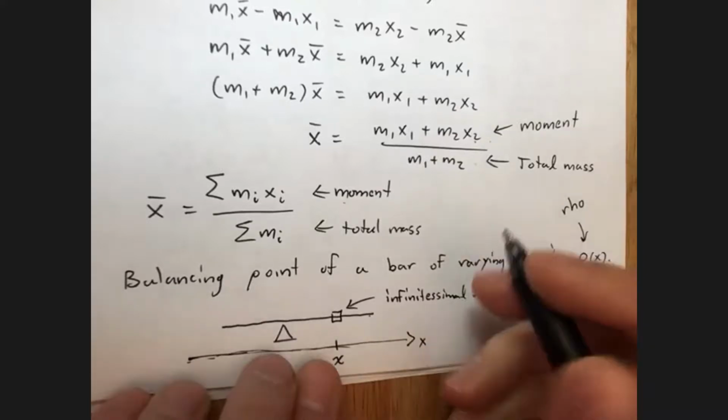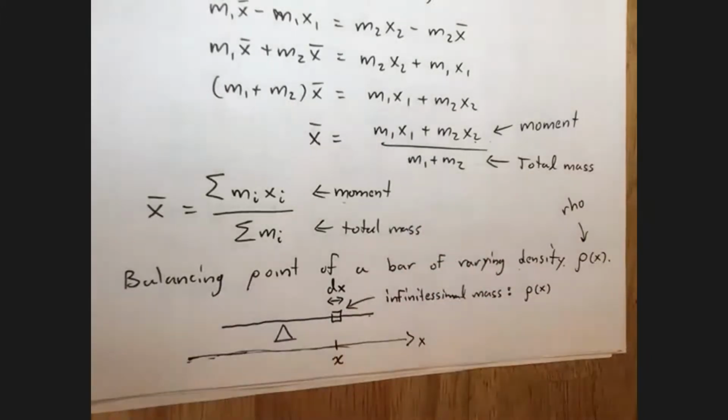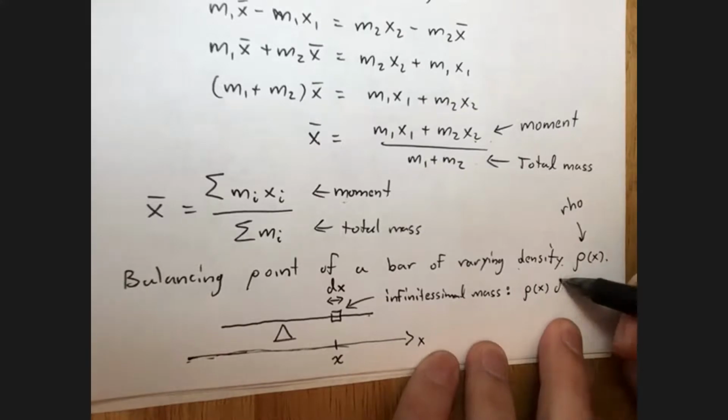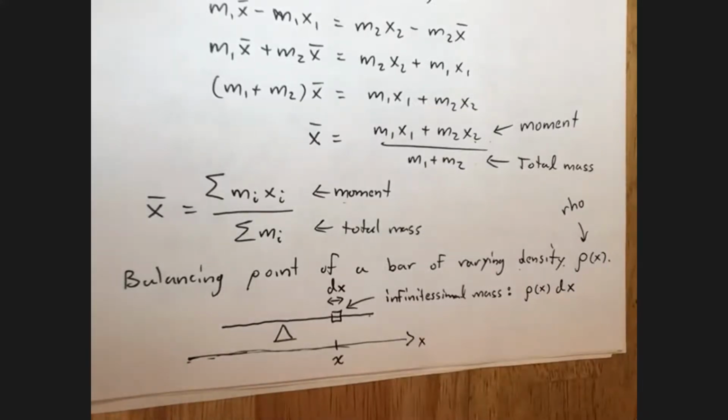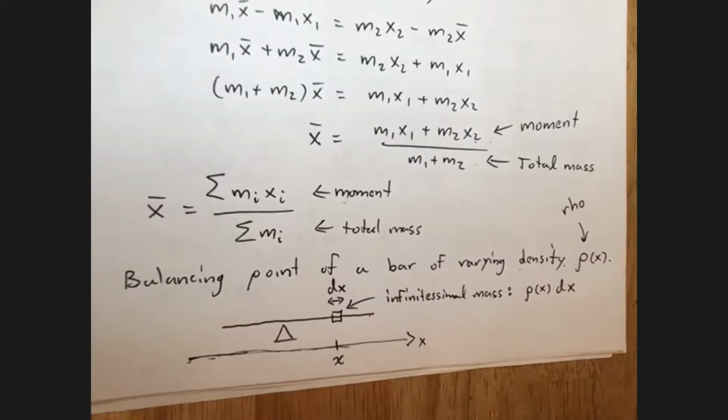That infinitesimal length, in calculus, we call dx. So you imagine a tiny little length, and later we're going to take the limit as that length goes to 0. That's what makes it infinitesimal. Sorry, I may have said the mass is going to be the density multiplied by dx. So kilograms per centimeter multiplied by centimeters gives you kilograms, which gives you the infinitesimal mass.